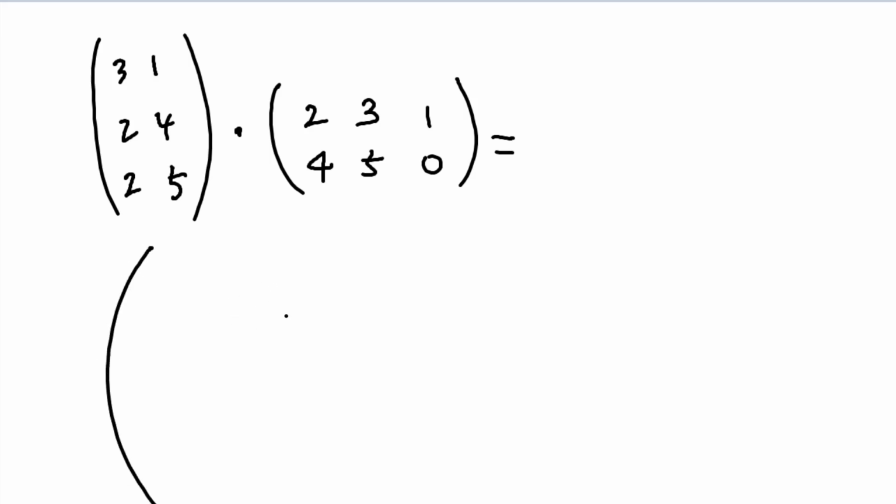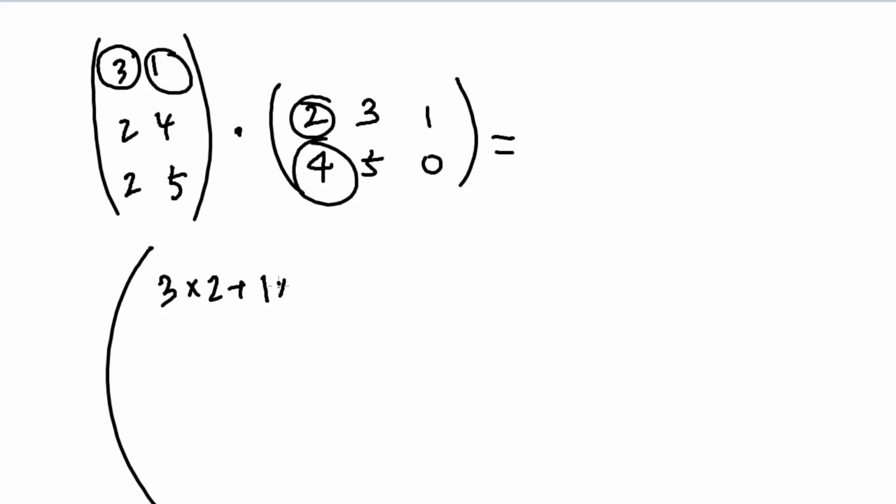Essentially, let's calculate the first term here. It corresponds to matching this, so 3 times 2 plus 1 times 4. Right? And taking that first scenario that we had earlier, this is like the routes you can take from Dallas to your first airport, and then maybe from your first airport to New York City.